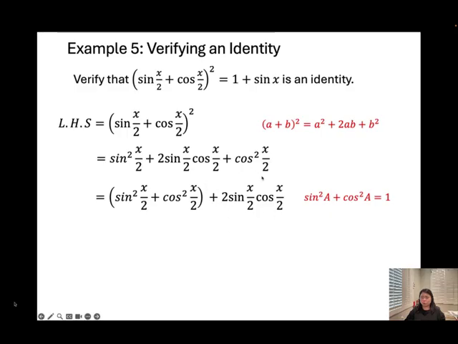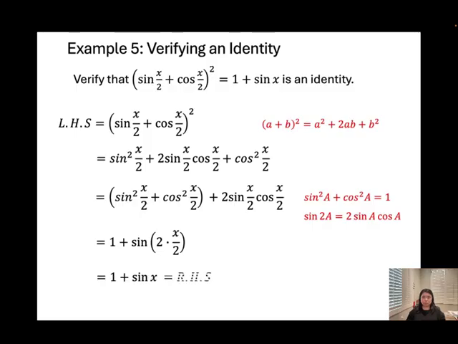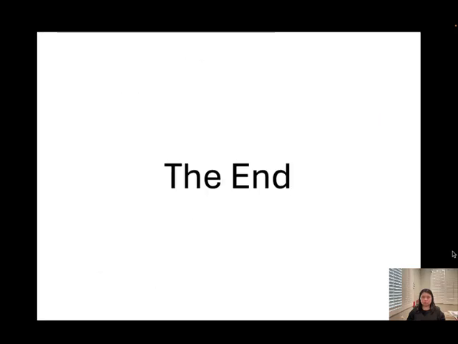That will be the double angle formula, right? 2 sine A cosine A equal to sine 2A. But then your A will be x over 2 here, so you're going to plug in x over 2. Simplify it. That's going to be equal to the right-hand side. Okay, that's it.